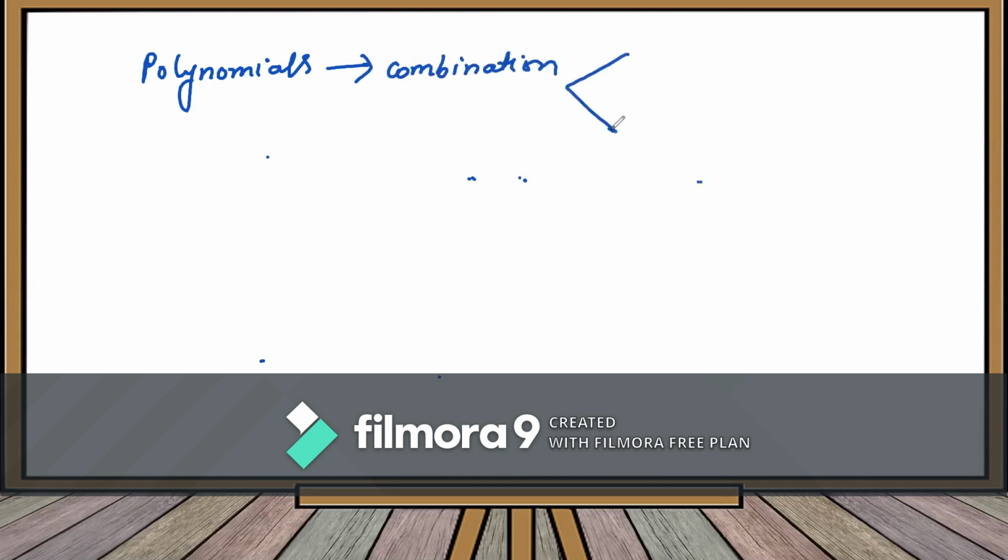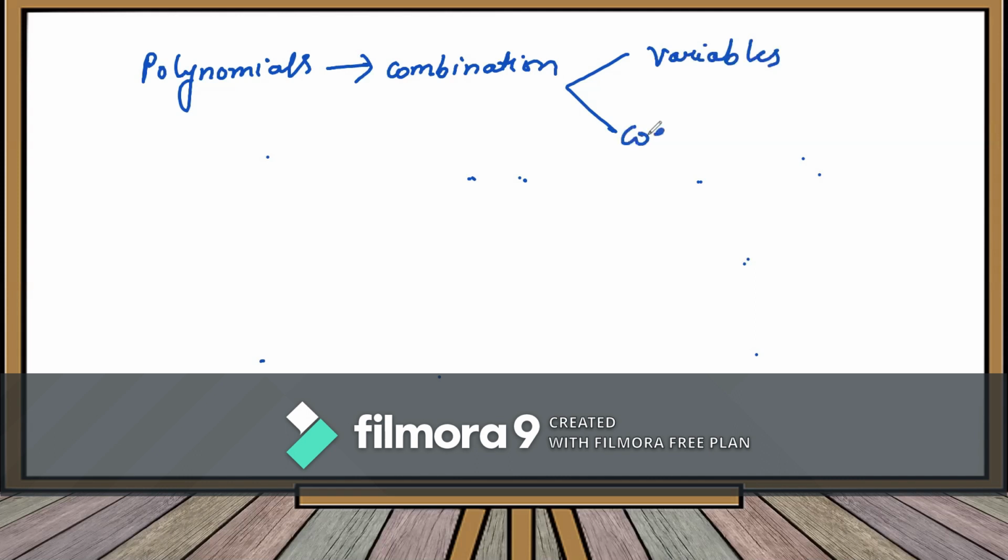So what do you mean by a quadratic equation? Basically, we have learned about polynomials in our previous classes. What are polynomials? Polynomials are basically a combination of variables.